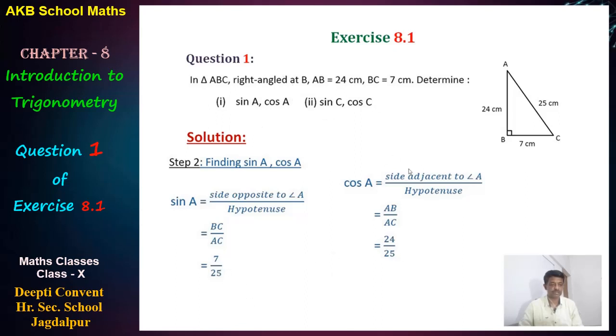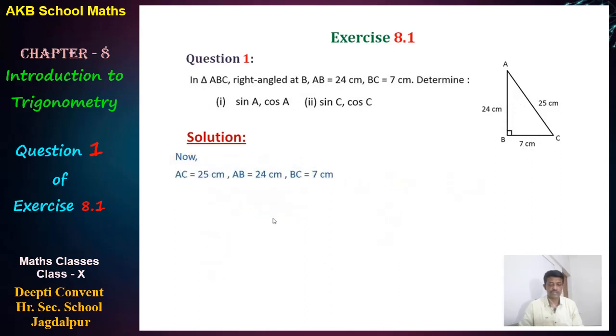Now sin C, cos C. Taking angle C, this will be the perpendicular, this will be the base. So here AC equals 25, AB equals 24, BC equals 7 centimeter. Sin C equals the side opposite to angle C, that is 24, AB by AC, 25.